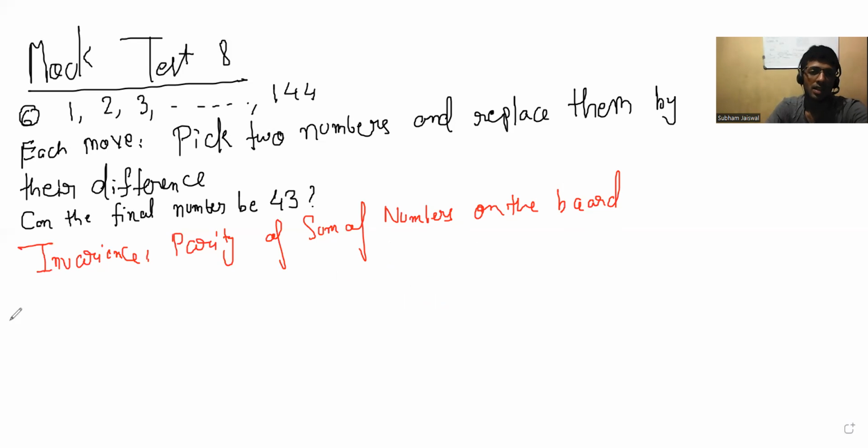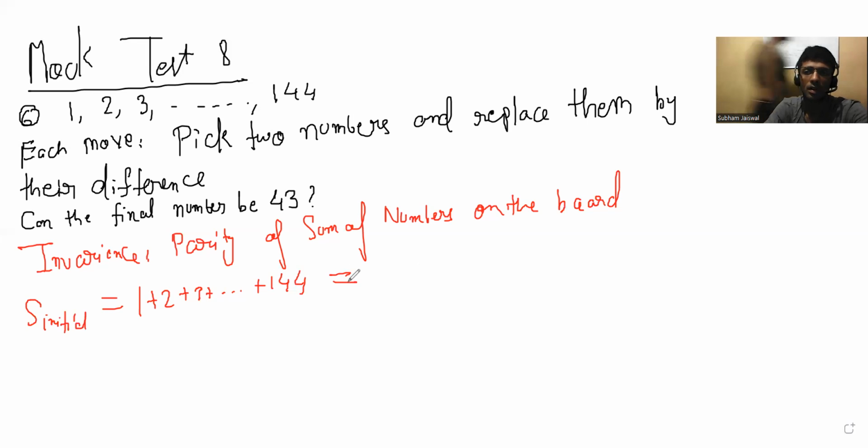Initially, S initial, this is so that you can check that it's the correct reasoning, or if you find some differences, you can tell me. Most of it is correct, I suppose. What is the parity of the sum? Even, right?